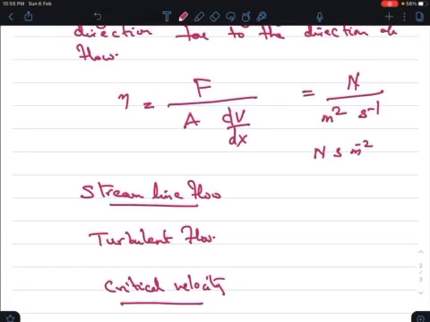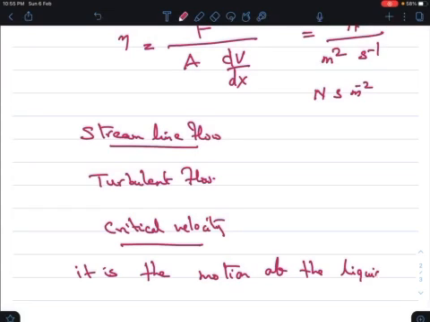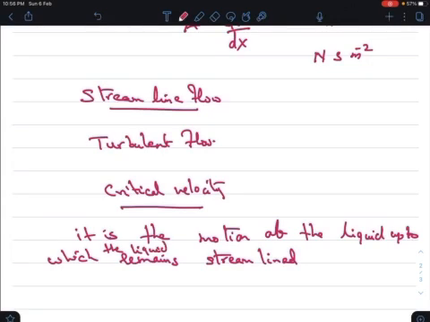Critical velocity is defined as the velocity of the flow up to which the motion of the liquid remains streamlined.